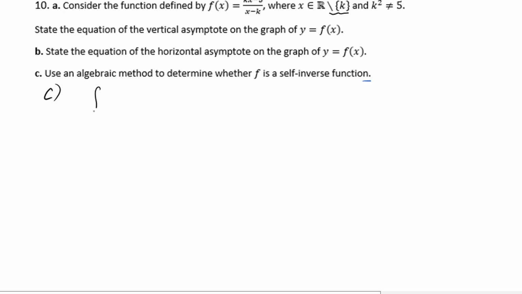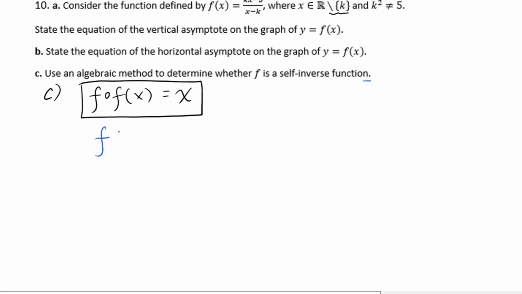Now let me use f of f of x equals x to prove f is a self-inverse function this time. So we have f of f of x equals f of kx minus 5 over x minus k.